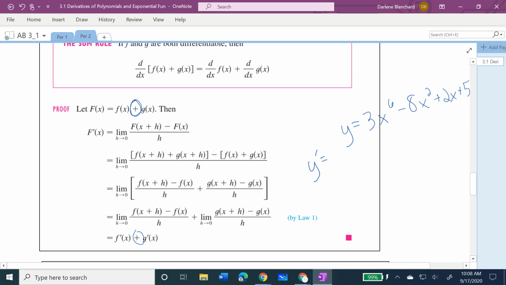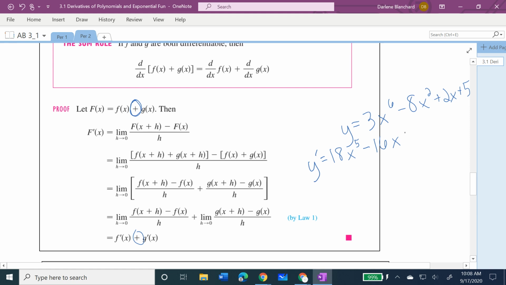I'll give you a moment. Oh, we've already got an answer sitting there. Okay. So 3 times 6, subtract 1 from the exponent, minus 8 times 2, subtract 1 from the exponent, and now it's just an understood 1 that I don't need to write.